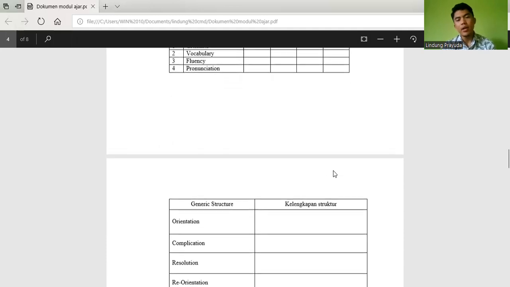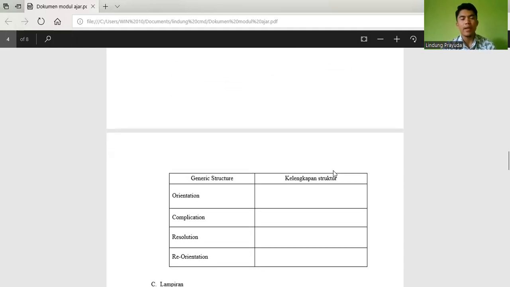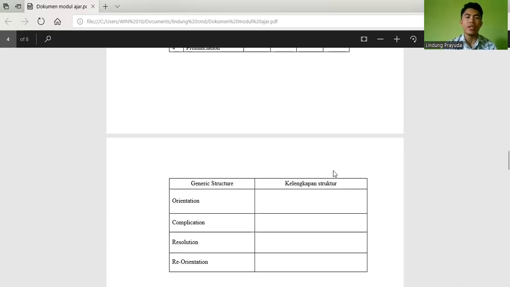The main purpose is that they are able to create a narrative text consisting of the appropriate generic structure: orientation, clearly a complication, a resolution, and a reorientation.